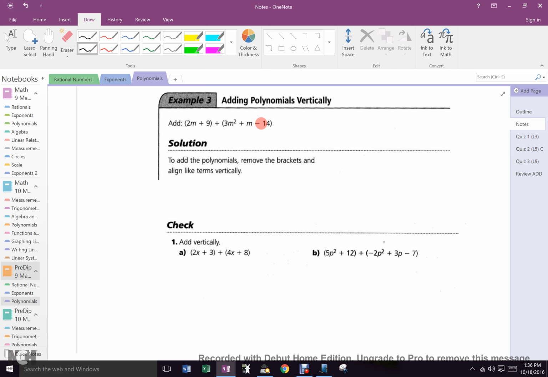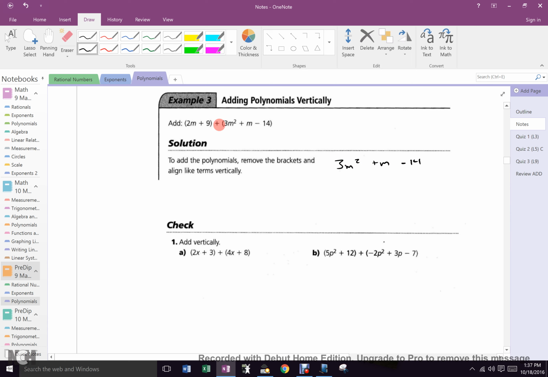If we have big polynomials that we are simplifying, this vertical method is helpful so you don't miss out on one of the terms. Okay? So, start with 3m squared plus m minus 14. Spread them out a little bit.